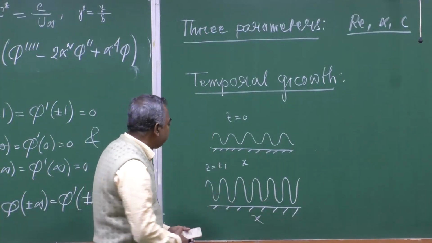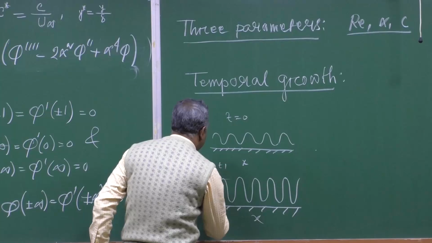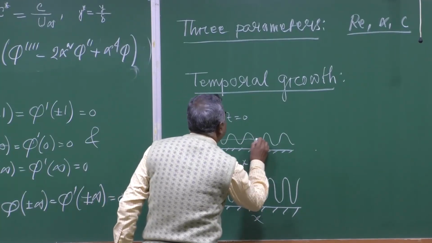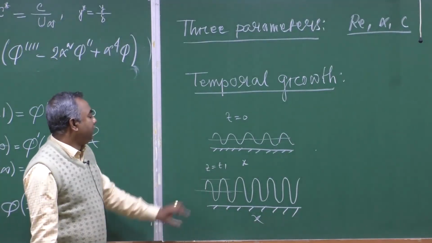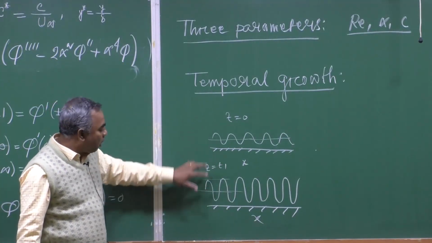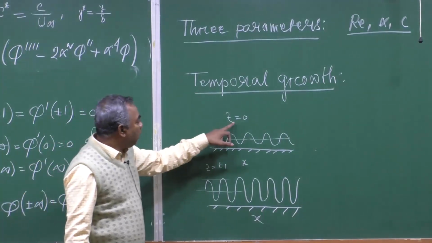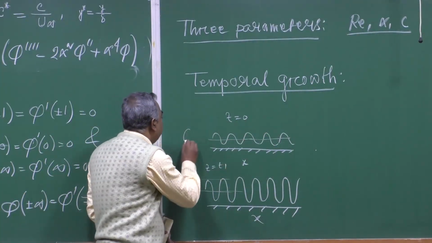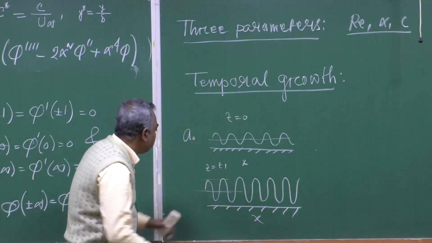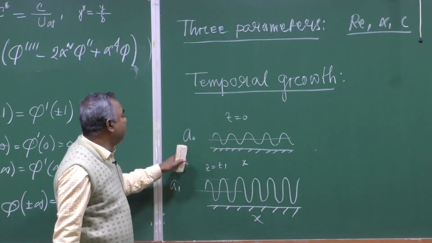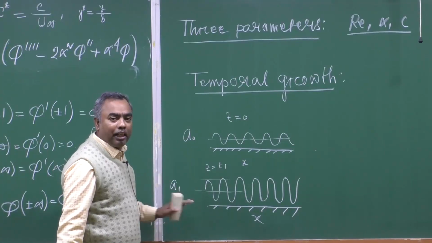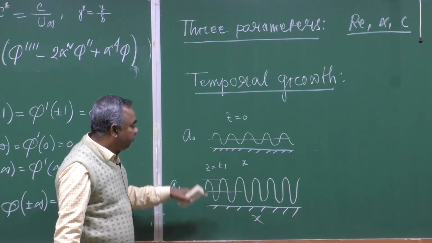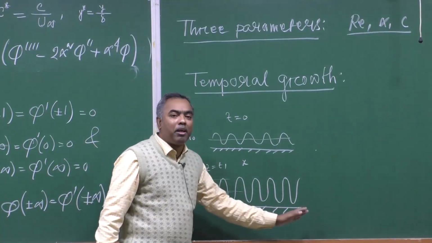So, if you see the amplitude of this wave and the amplitude of this particular wave, this amplitude is smaller than this amplitude. So, at t is equal to 0, the amplitude at all these locations, if it is a naught, then at t is equal to t1, amplitude a1, definitely a1 is greater than a naught.